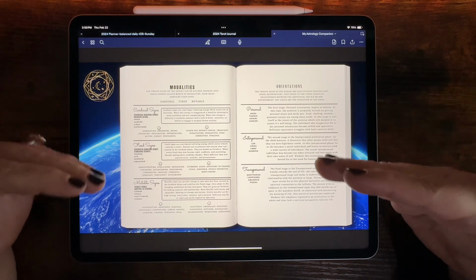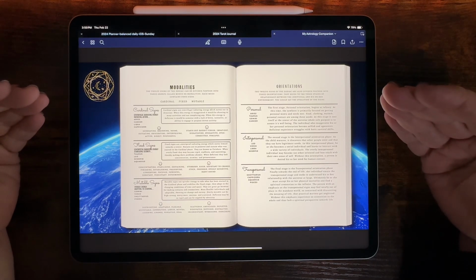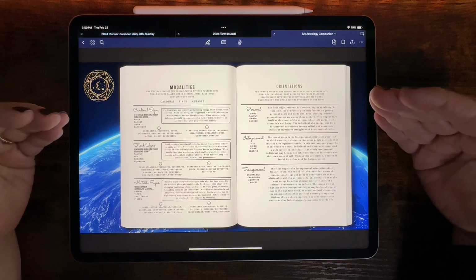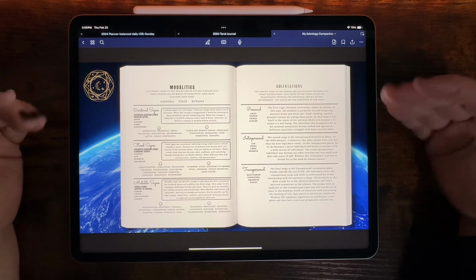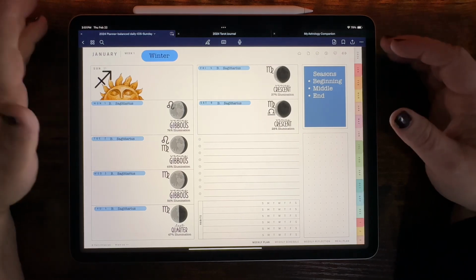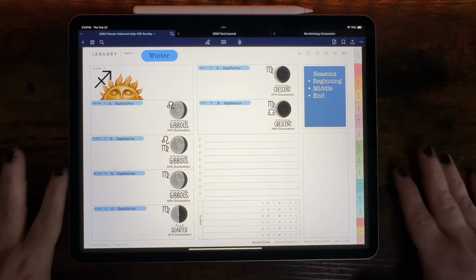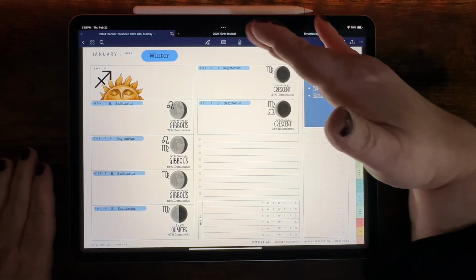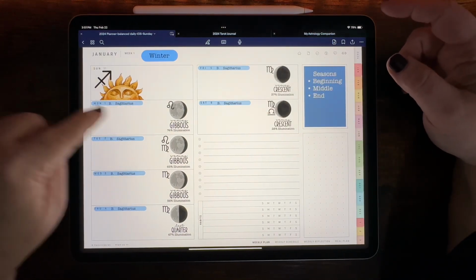Autumn begins on the autumn equinox, and winter begins on the winter solstice. So we're going to go to my other journal here. What I have done is I have put winter all in blue.